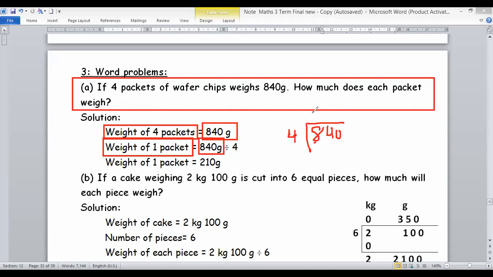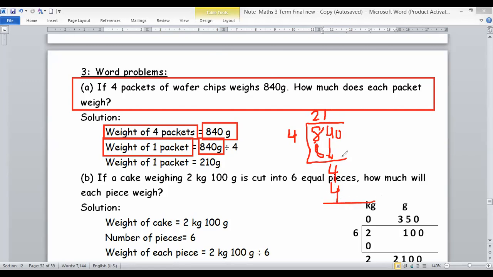First we take 8. 4 2s are 8. After that we shift 4 down. Divide 4 by 4. 4 ones are 4.